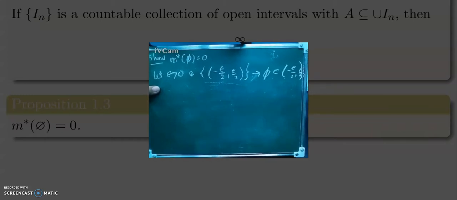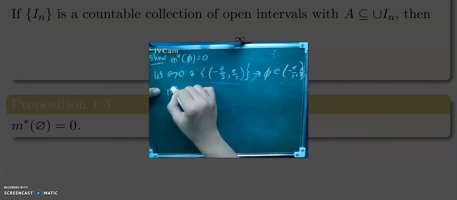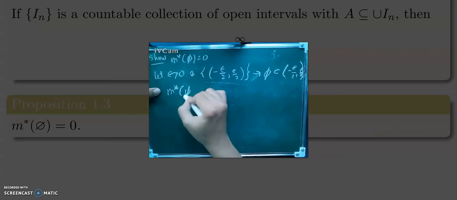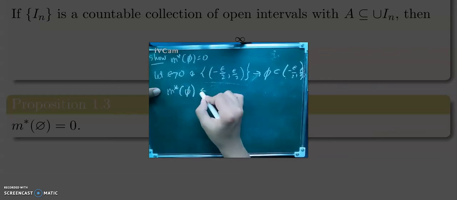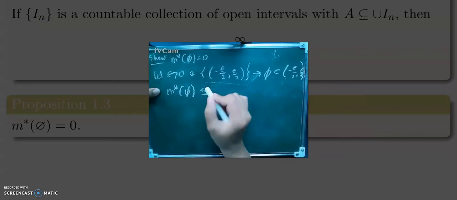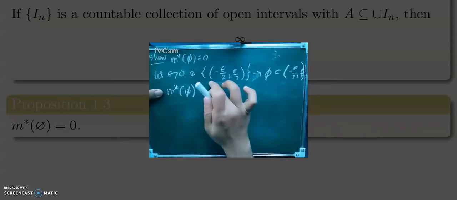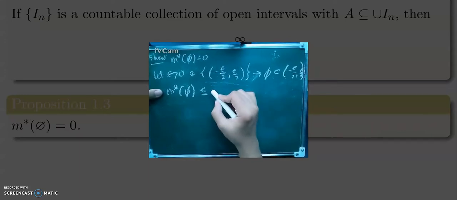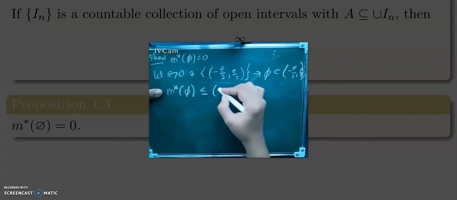Then by Remark 1.2, our previous remark, the Lebesgue outer measure of A is less than or equal to the summation of the length of the interval. Since there is only one interval here, we will not write the summation anymore. We just go directly to this open interval.